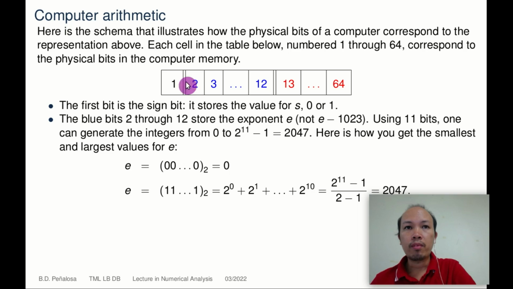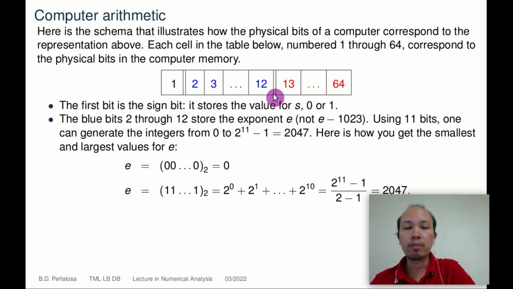Since we are representing a number in normalized form, a sub 1 cannot be 0. So we have to subtract 1 here. This is the reason we have 2 to the 11 minus 1.